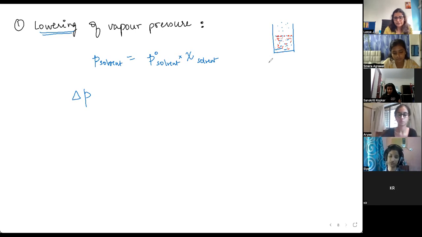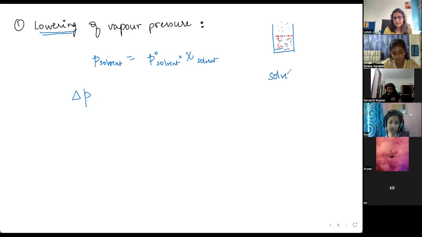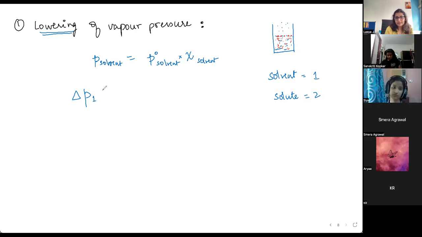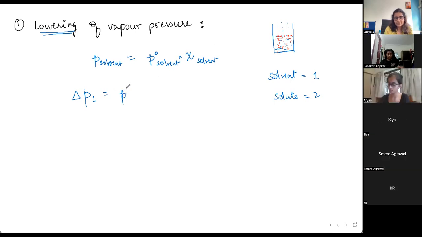So again, I'm going to keep it simple. Let's say solvent is 1 and solute is 2. Then delta P1 is equal to, lowering means P naught is greater, so P naught 1 minus P1.